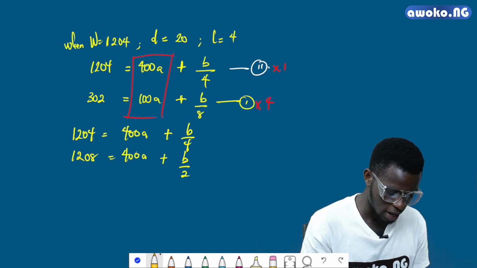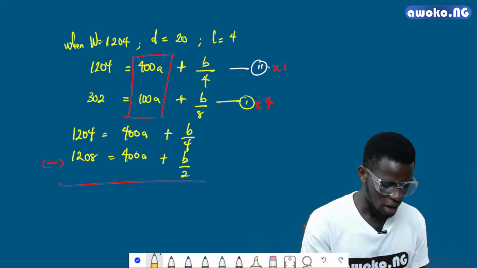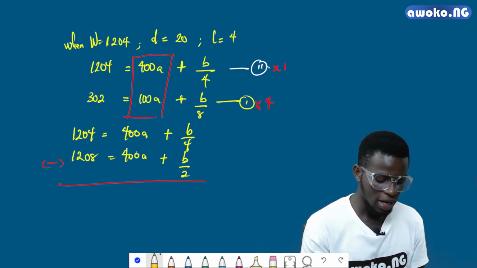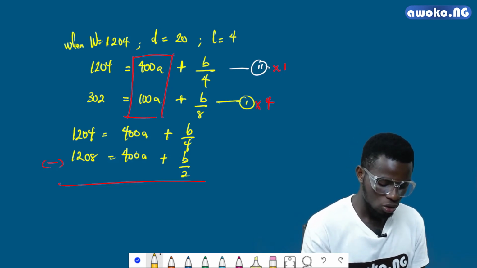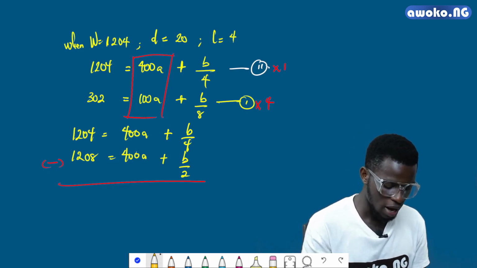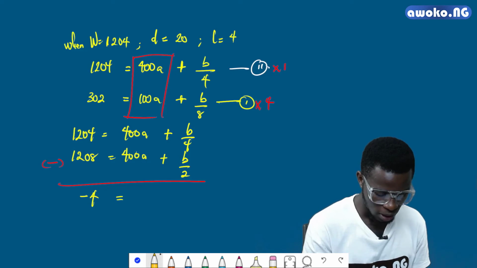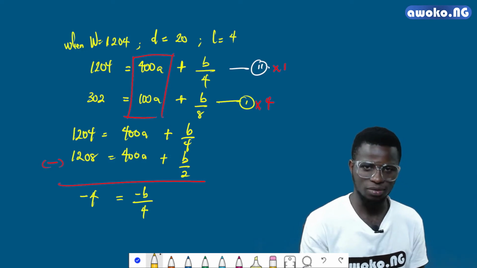If we decide to subtract, we can subtract 1 from 2 or 2 from 1. They are still the same thing. So if we subtract 1 from 2, we would have minus 4 is going to be equal to minus B over 4. And how did we get that?